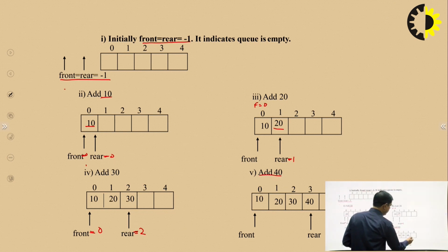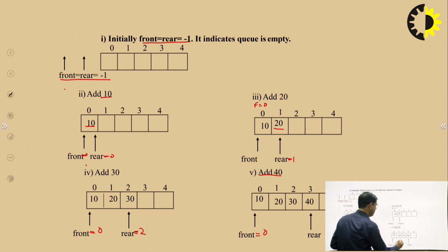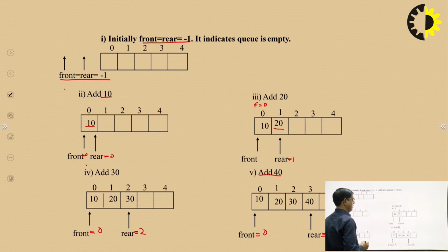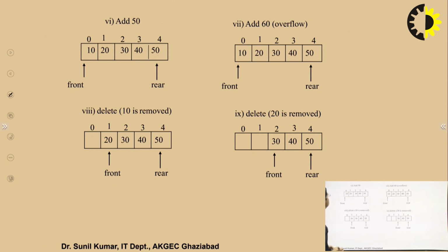Again the new value will be inserted at the rear end, front will be as it is, that is 0, and rear will be updated by 1, that is 3. Okay, suppose we are trying to add a new value, that is 50, then 50 is added after 40, front will be as it is, that is 0, and rear will be updated by 1, that is 4.